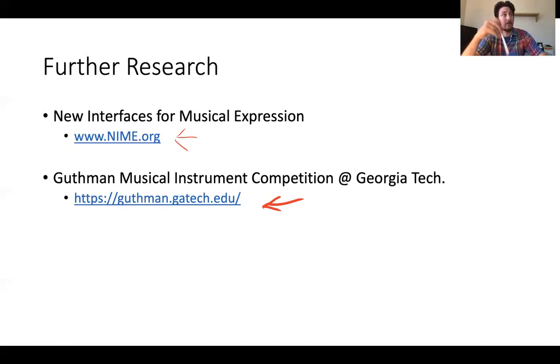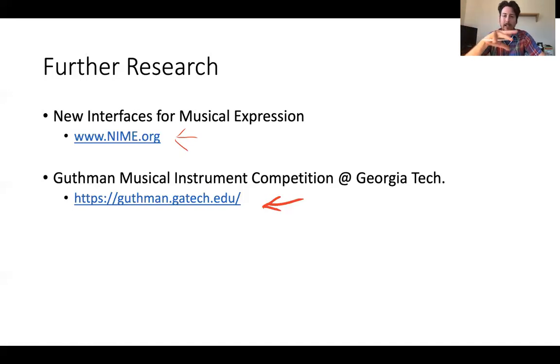And because it's a competition, you sometimes get people from different contexts. NIME is mostly researchers, like PhD students, PhD researchers, so the content is very research-based, and that may be off-putting depending on how you feel about that kind of context. The Guthman Instrument Competition has researchers. It also has industry people, people who are making products that are already out there in the market.